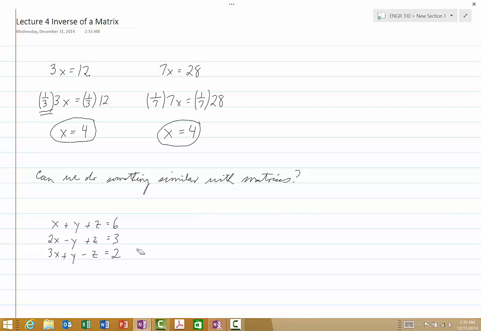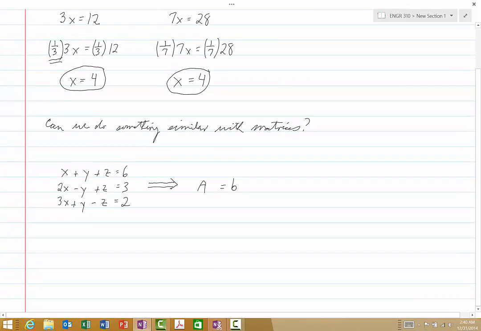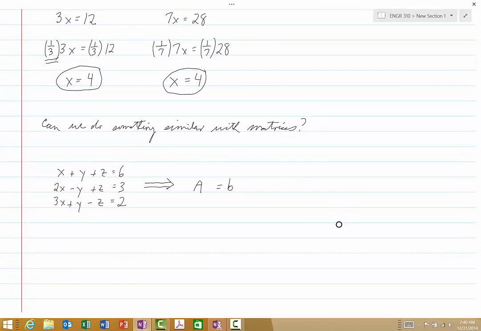And we said that that system of equations is equivalent to the following matrix equation. This implies that AX equals B, where, maybe I should say instead of X, since we already have one of the unknowns called X, I don't want to use X for a vector as well.